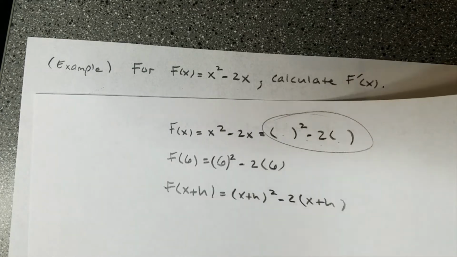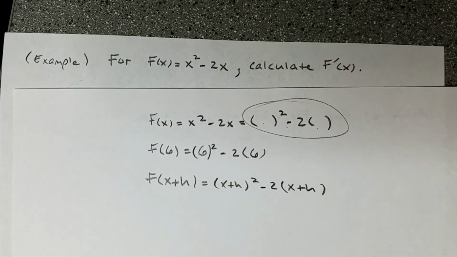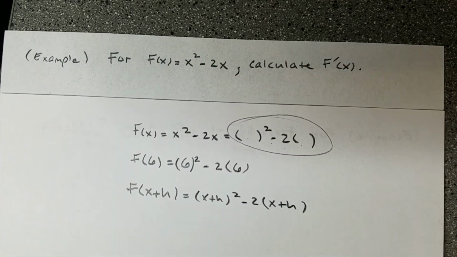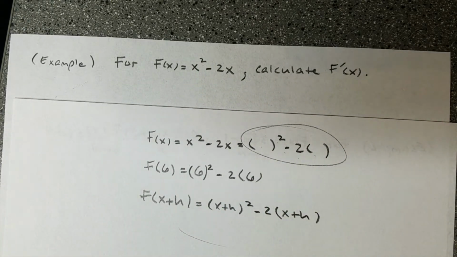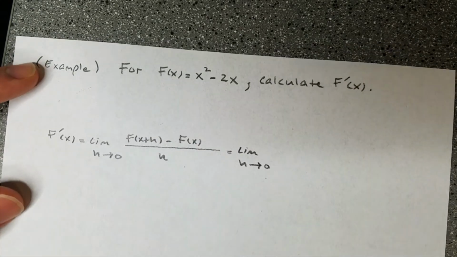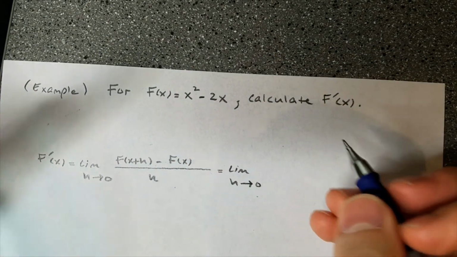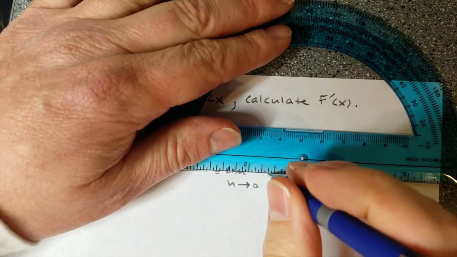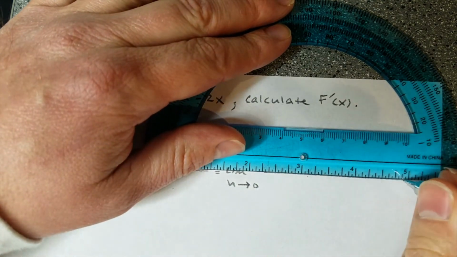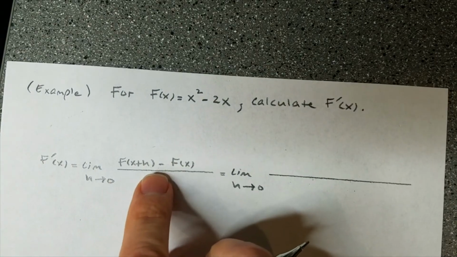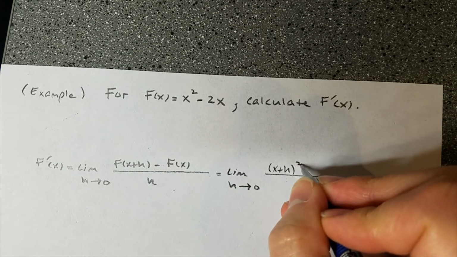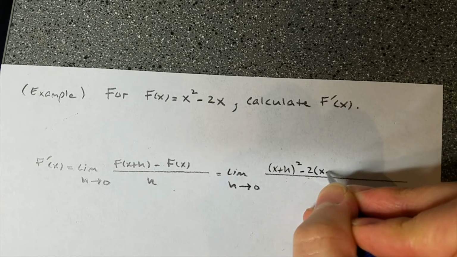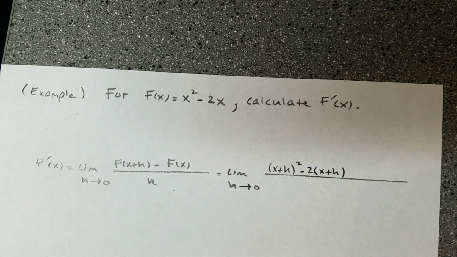Okay, now that's a little bit of a side note. Maybe you didn't need me to tell you that. Maybe you did. My experience, most people need me to tell them that and explain it that way. So, okay. So let's do this. Let's write all of our stuff down. So we want the limit as h goes to 0. f of x plus h is going to be x plus h squared minus 2 times x plus h.